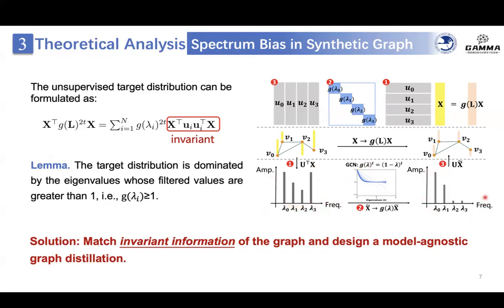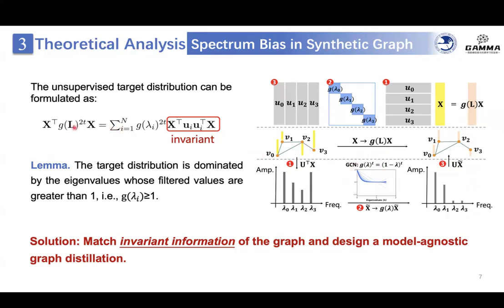And then the filtered signal is transformed back to the spatial domain through the inverse operation. In this view, different distillation GNNs correspond to different filtering functions.